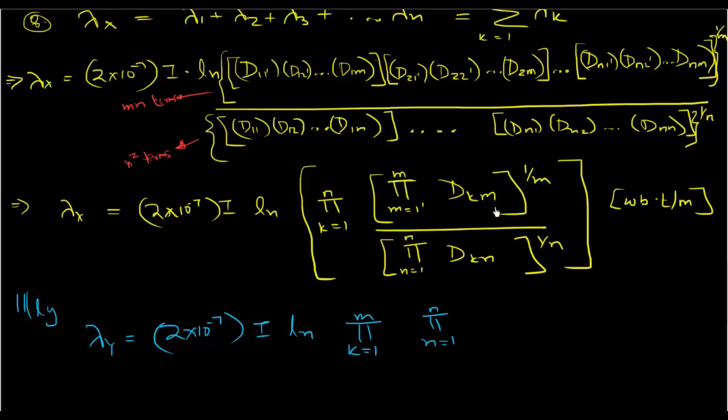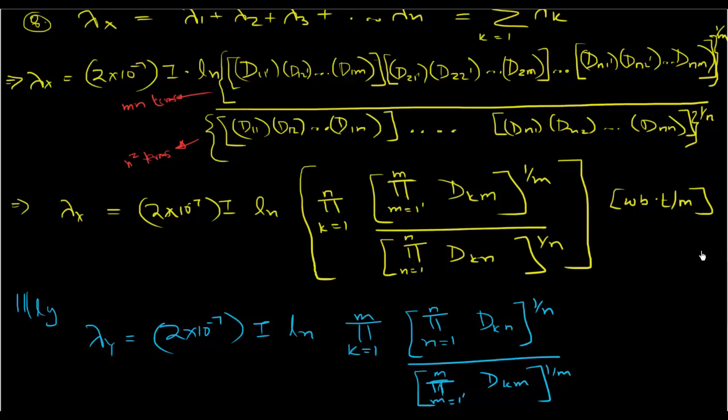In this case it's going to be from y to x in the numerator. So it's going to be dkn, raised to the power 1 by n, and here it's going to be, remember this is capital sigma, m from 1 prime to m of dkm raised to the power 1 by m.